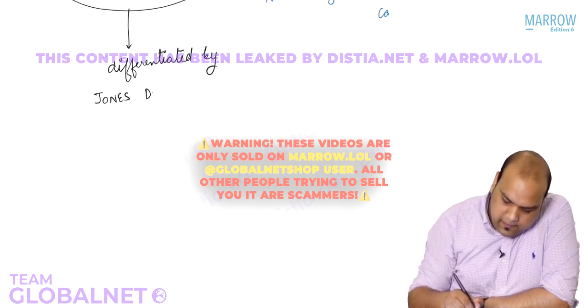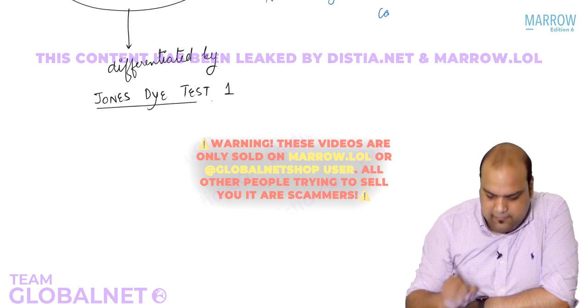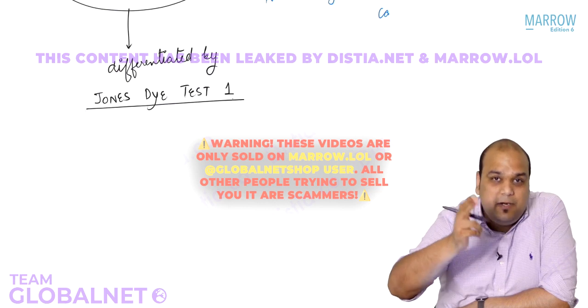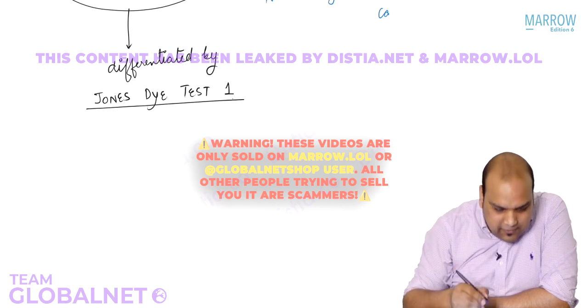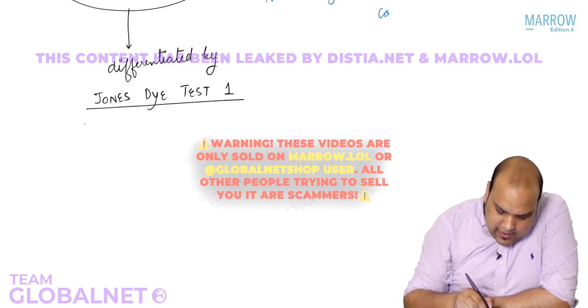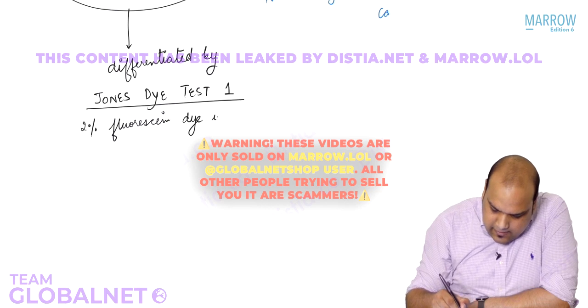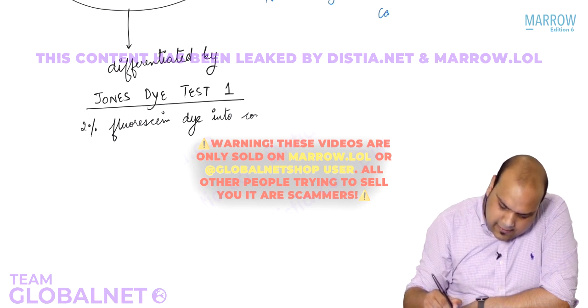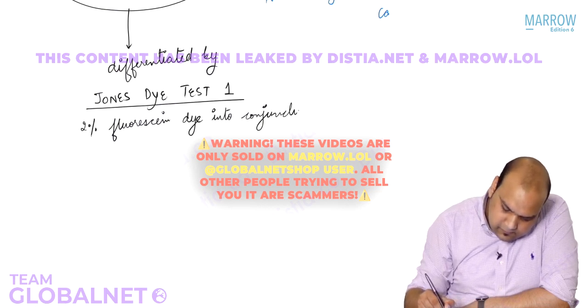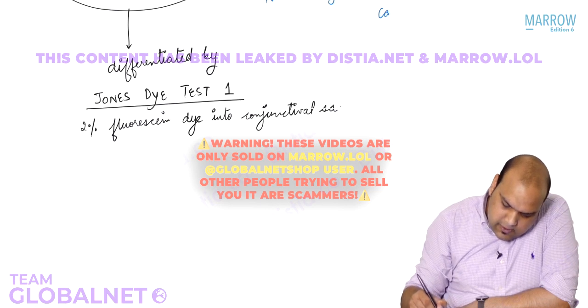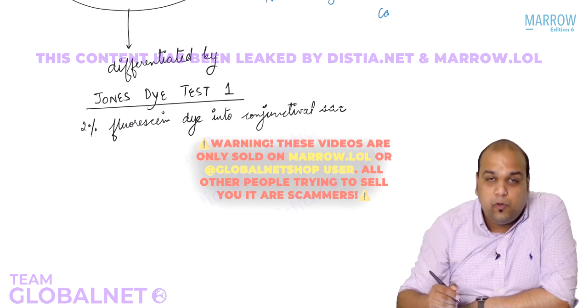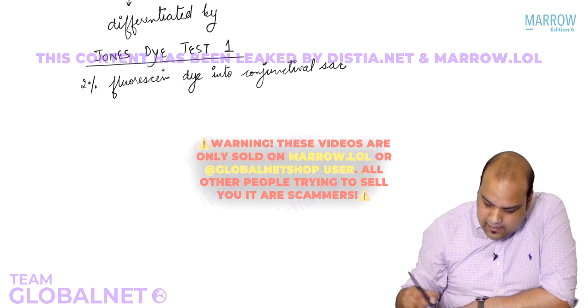Jones dye test number 1. There are two Jones dye tests, number 1, number 2. What is Jones dye test number 1, everybody? We are injecting 2% fluorescein dye into the conjunctival sac. Okay, so just put 2 or 3 drops of 2% fluorescein dye in the conjunctival sac.